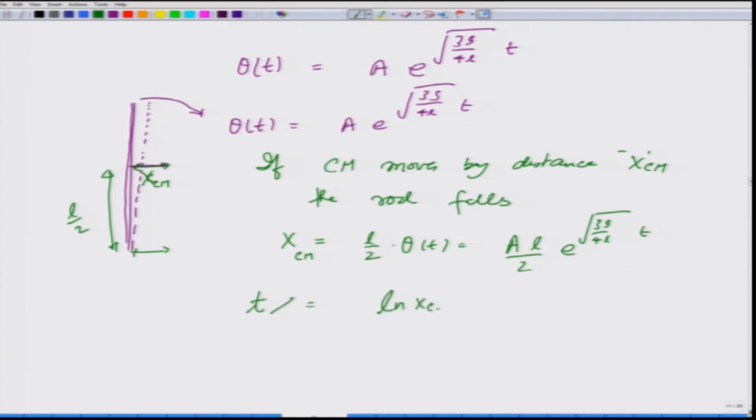Log x Cm is equal to log of aL by 2 plus square root of 3g over 4L times t.